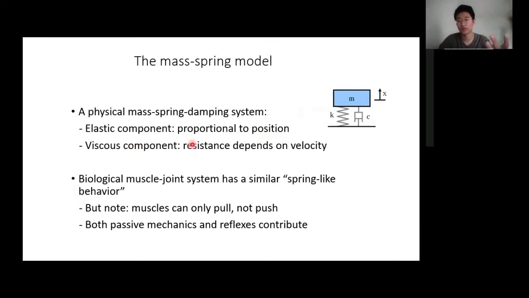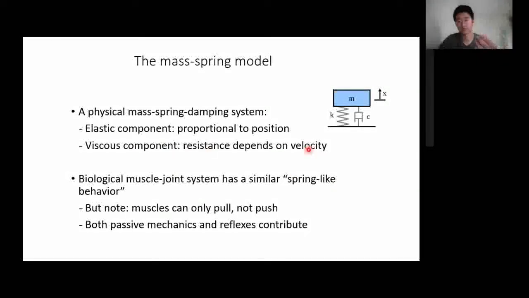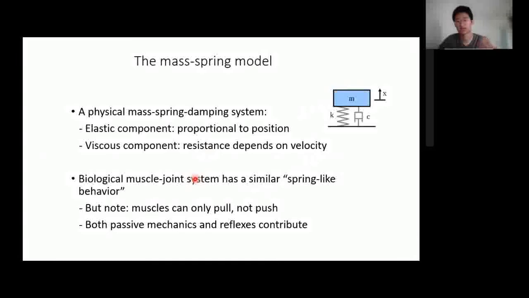And the viscous component is a resistance depending on the velocity. That means when the system is moving, the viscous component always drags the movement, always slows it down. In the following, I will neglect the viscous component just to make things simpler. So we'll just talk about the elastic component in this model.